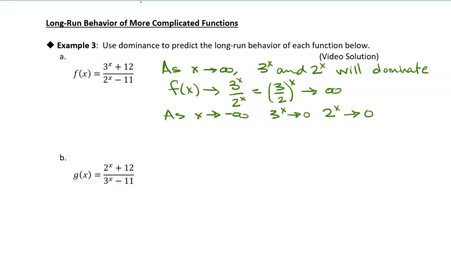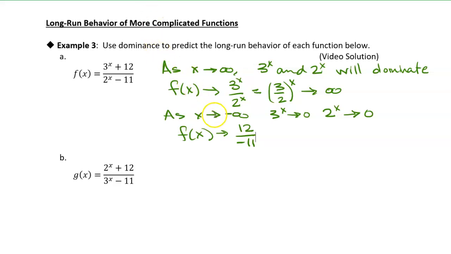And all we are left with is just the constants. So f of x is going to look like 12 over negative 11. We're going to have a horizontal asymptote at negative 12 elevenths.